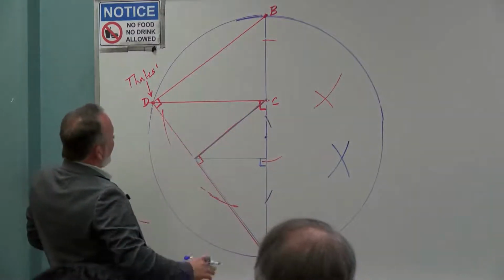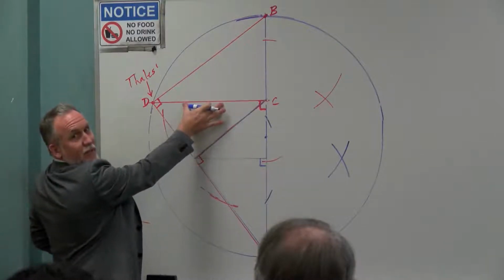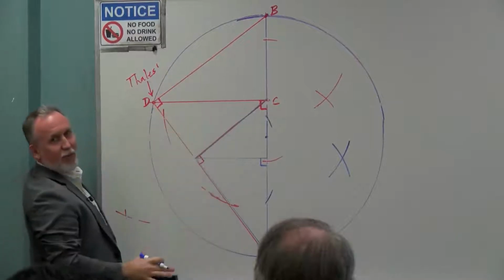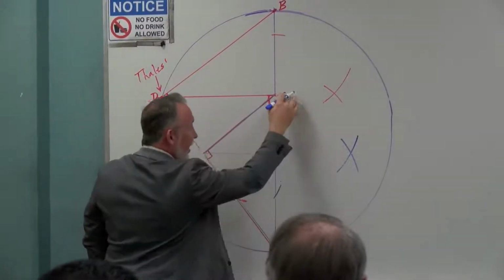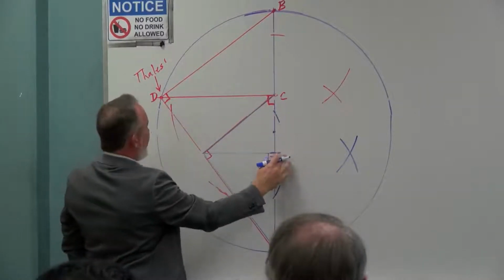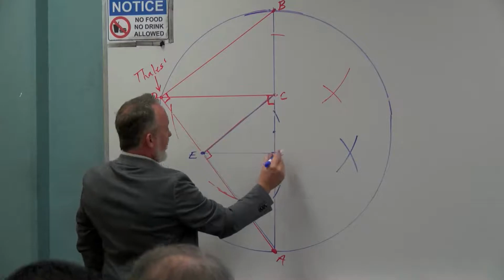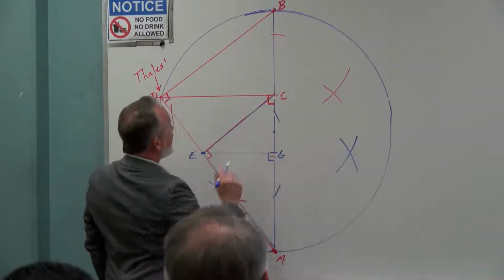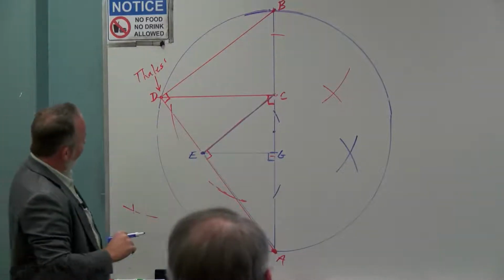And now this perpendicular matches up with that perpendicular. Right? They're in the same place in these similar triangles. So now AC, and let's see, we're going to call this E. And I'm actually going to call this G, because I have things in my notes.